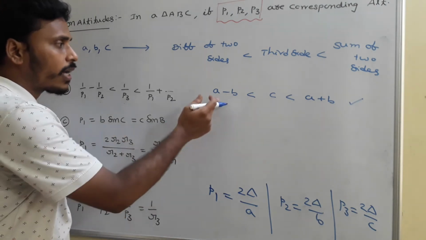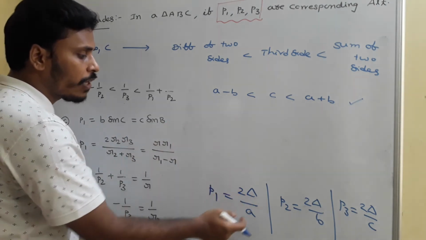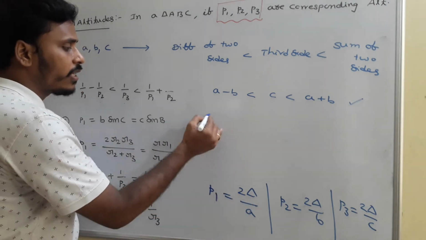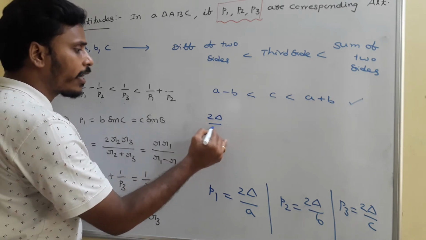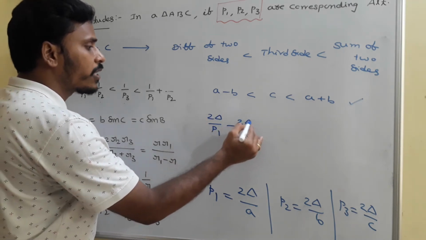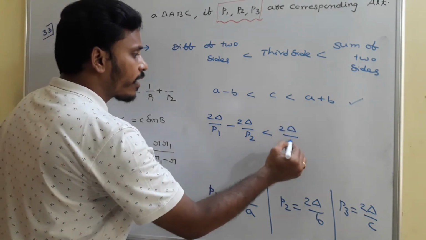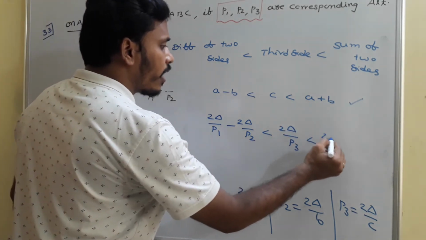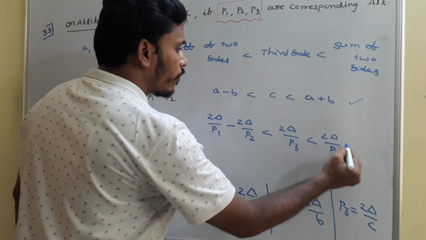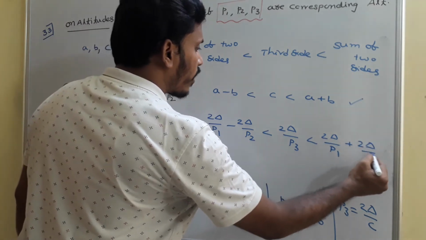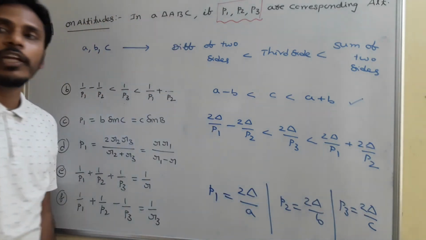And now, what is A? As I mentioned, P1 is 2 delta by A. Then A is simply 2 delta by P1. Minus B is 2 delta by P2, which is less than C is 2 delta by P3, which is less than A is 2 delta by P1, and B is 2 delta by P2. And we need to simplify it.